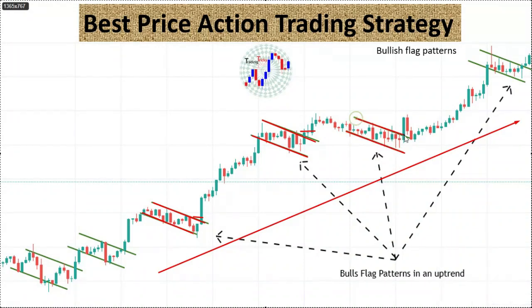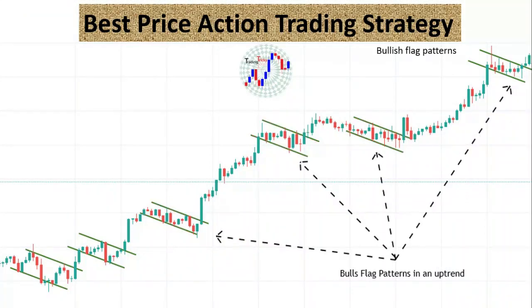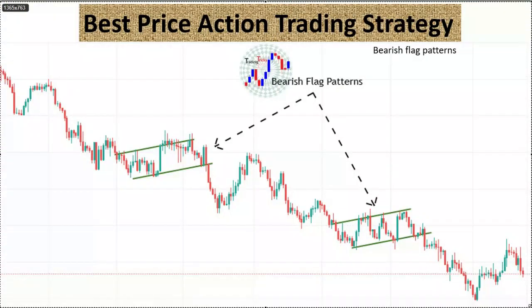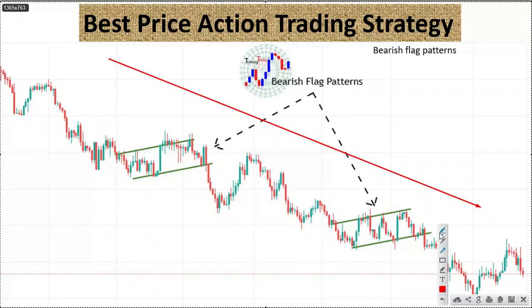Again, as soon as it breaks these levels, you look for a buy position. Or selling a bearish flag in a downtrend. Here you can see the trend is a downtrend, and we can see a bearish flag pattern. As soon as it breaks these levels, we can look for a sell trade.